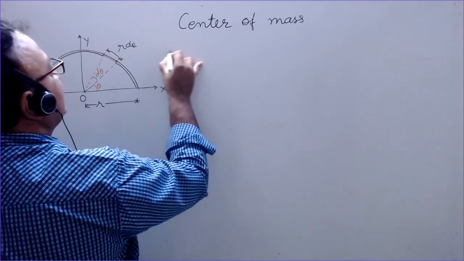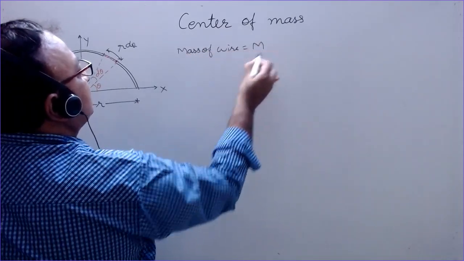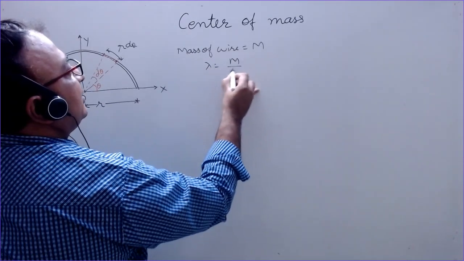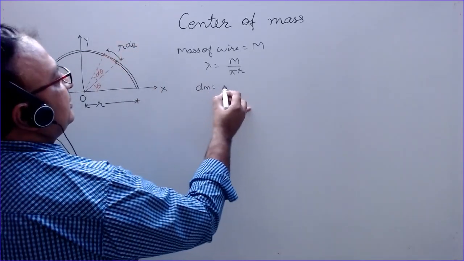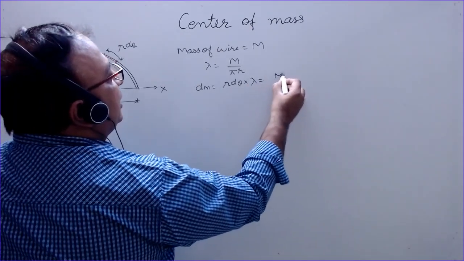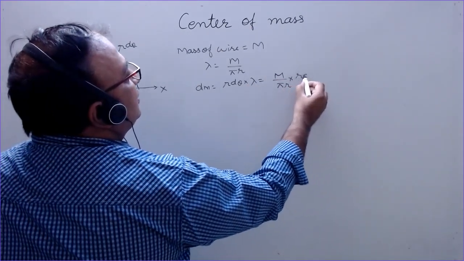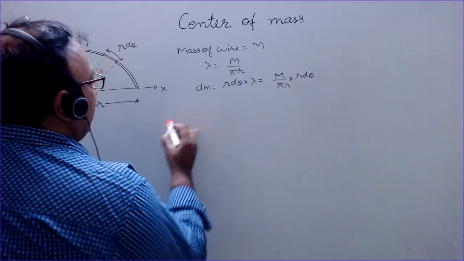Its mass is m, so mass density is m by pi r. dm is the mass of the small element, r d theta multiplied by lambda, that is m by pi r into r d theta. This is the mass of this small element, and this is a continuous body, so the integral of dm will be equal to the total mass m of this body. So we need to find only the y coordinate.